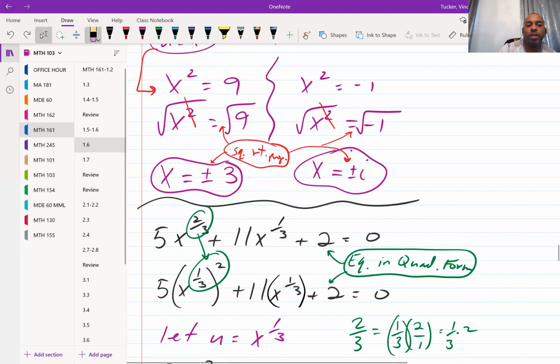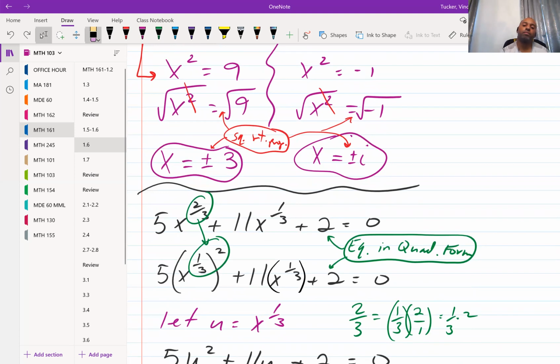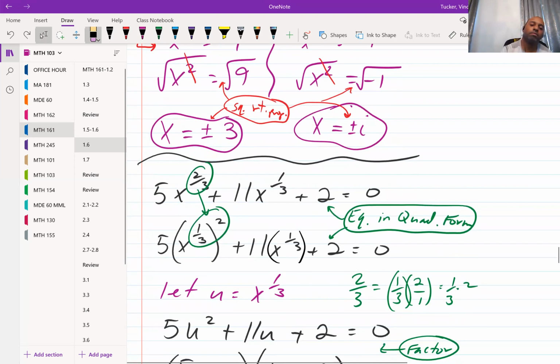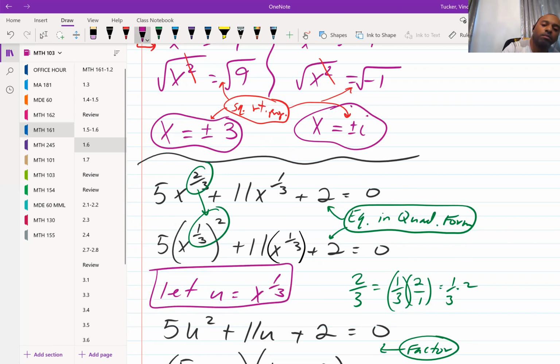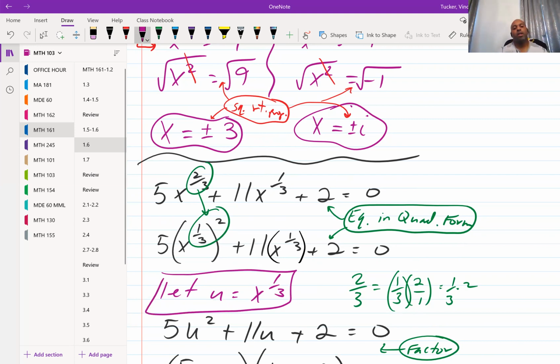So we can let U be equal to x to the 1/3. That'll give us 5U squared plus 11U plus 2 after we do our substitution.